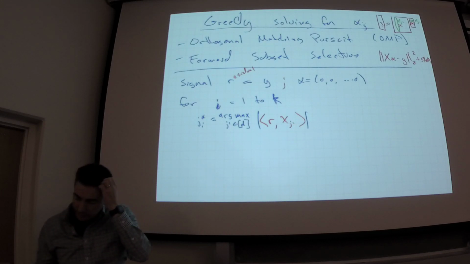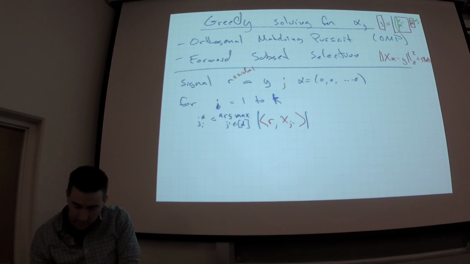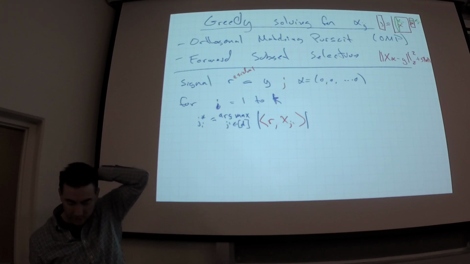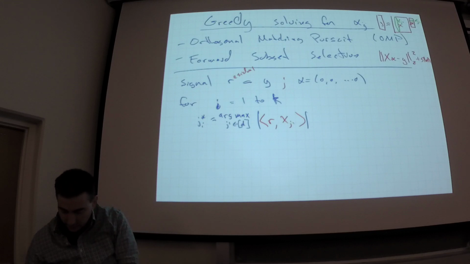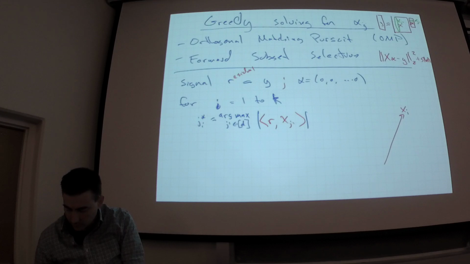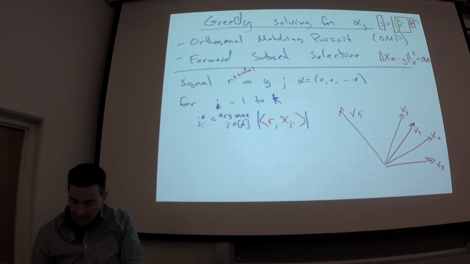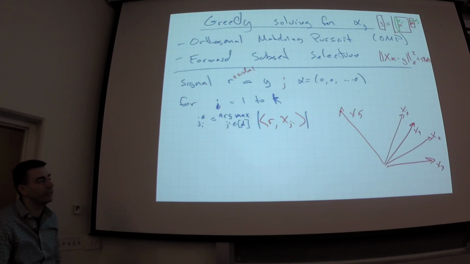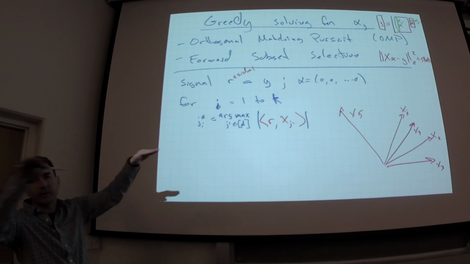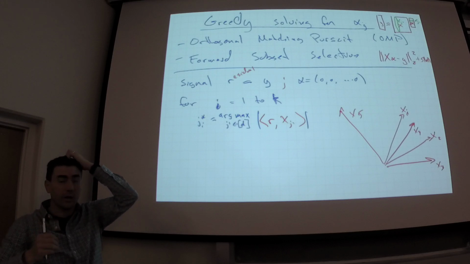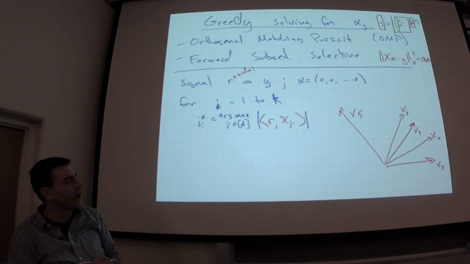There's a way to think about these vectors. Say this is x1, x2, x3, x4, x5. These are the columns of x. Remember the data points are rows, but I can think of these columns.